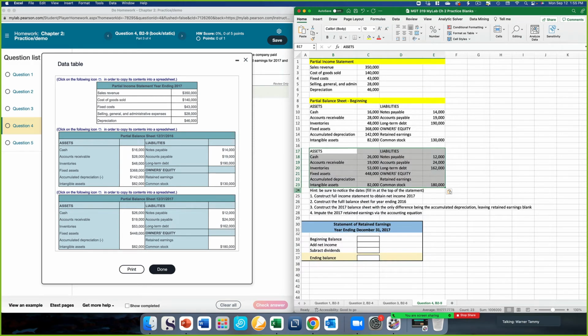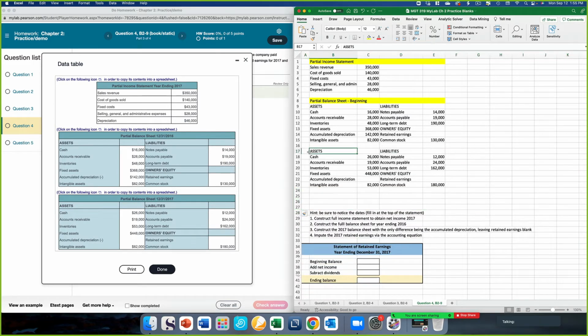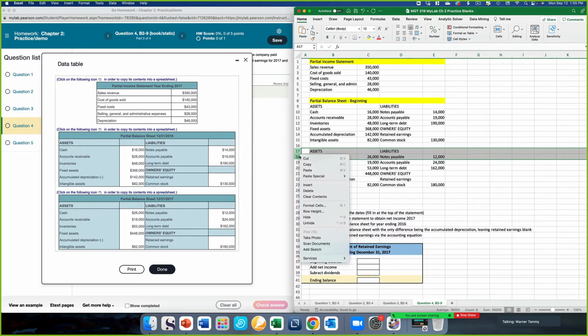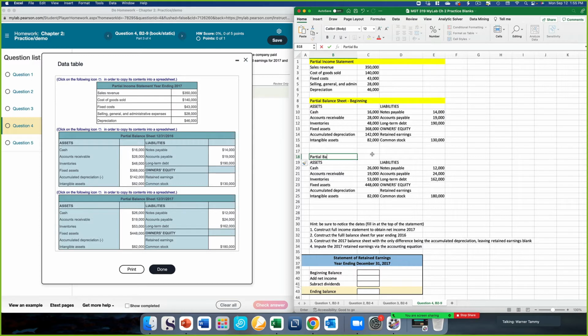Okay, and I'm already bumping up against the end, so let's add in some more rows. Give this one another row in between just to make it a little bit clearer. So this is a partial balance sheet for the end.